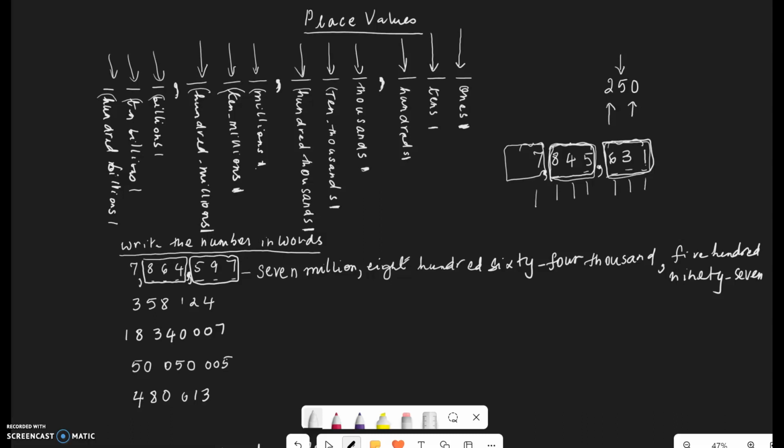Okay, so the next number, let's put the commas first so we know the size of the number. Count in threes, 1, 2, 3, comma, and then that's it. So this number doesn't go on to millions, it only stops at thousands. So the first period is thousands. So start with the number, say it just as you would, 358.